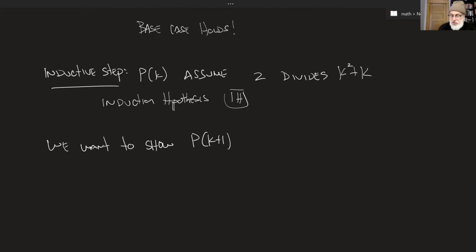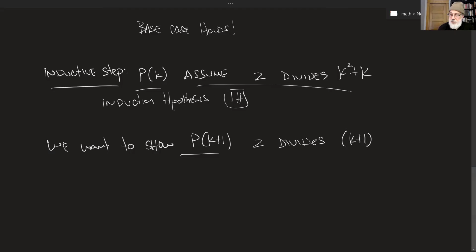P here is the statement. So when we say Pk, I'm writing it two different ways. I'm saying Pk plus 1, but then I'm going to write what I mean by that. So 2 divides, and I'm replacing k squared plus k, each k I'm going to replace with k plus 1. So this becomes k plus 1 squared plus k plus 1.